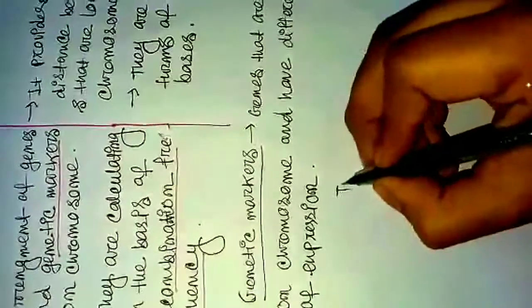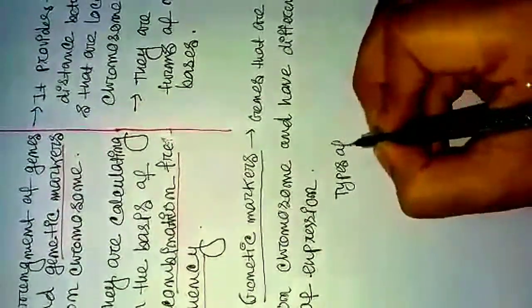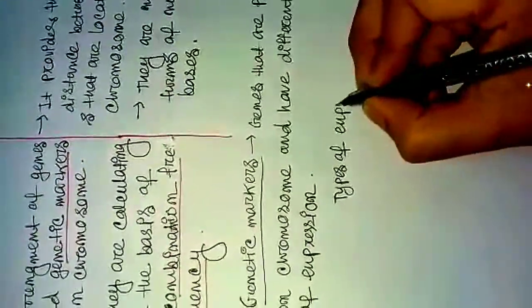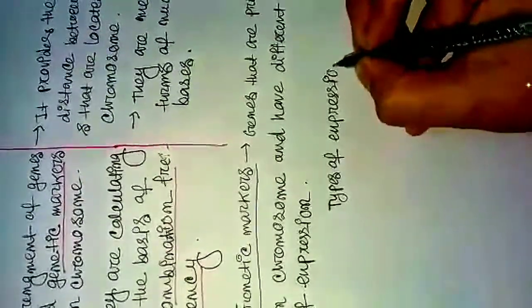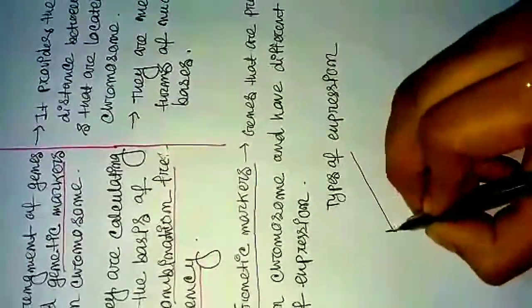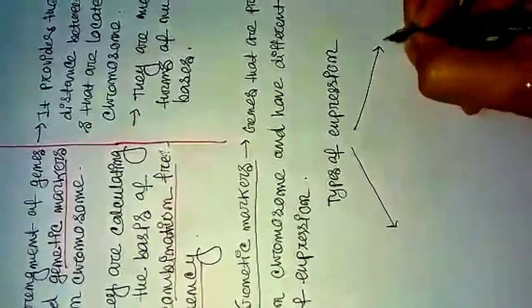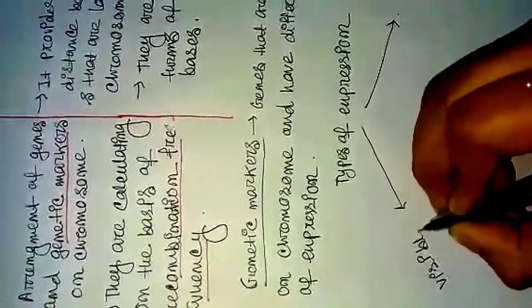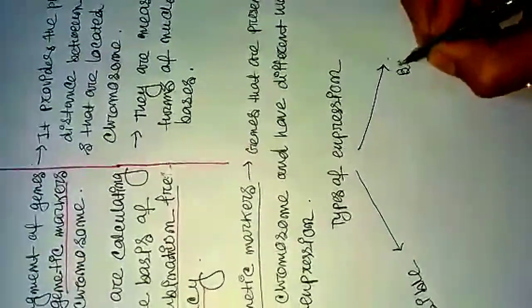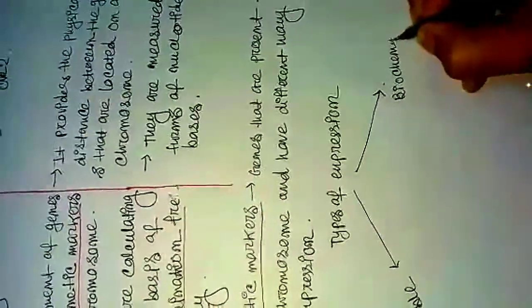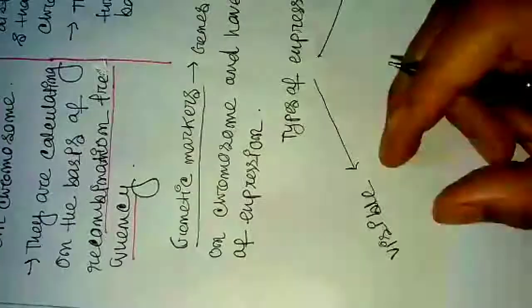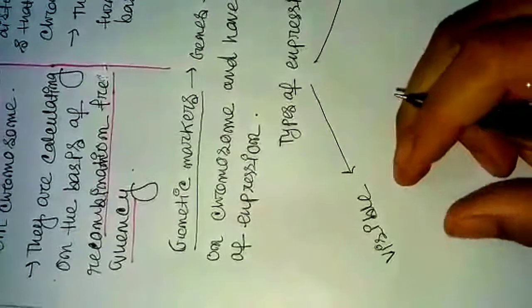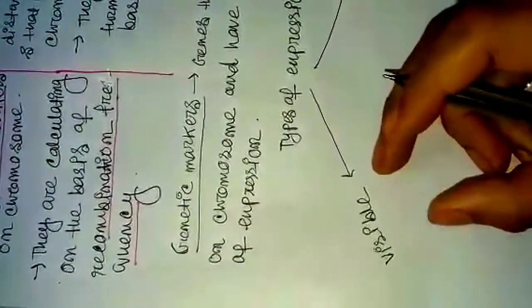So what are the types of their expression? We are taking two examples here. First one is the visible type and the second one is the biochemical type. What is this visible type? In case of visible markers, we can visualize the changes phenotypically.